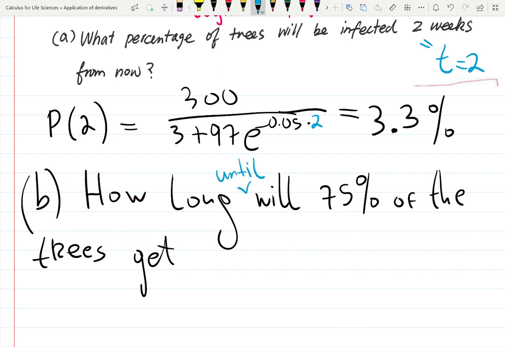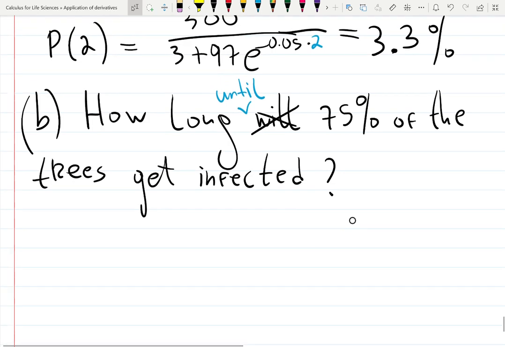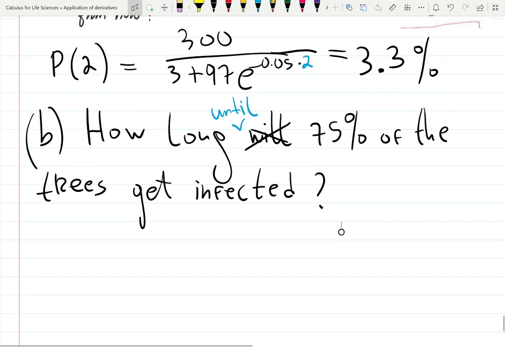How long until 75% of the trees get infected? It would need to be either until, or how long will it take for them to get infected. Oh, good point, there's a word missing. So you guys figure out the English part, I will tell you the math part. That's fair, not my strength. So, until 75%, so that is very realistic, you know.